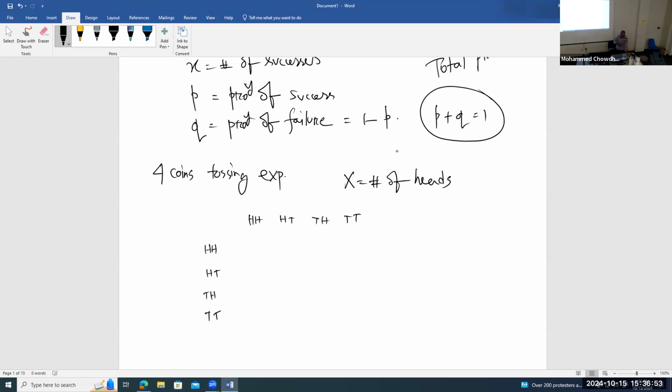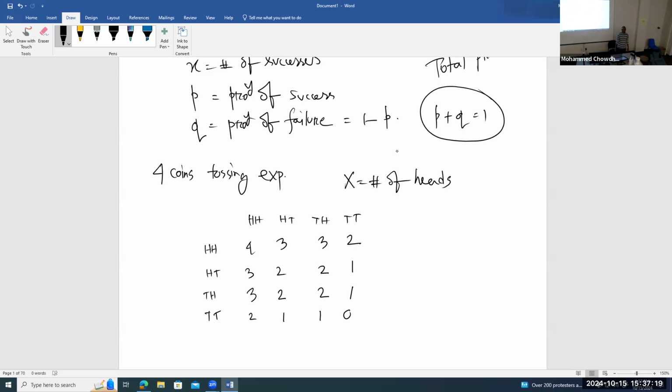X is a random variable. Then there is 4 head, 3 head, 3 head, 2 head, 3 head, 2 head, 2 head, 1 head, 3 head, 2 head, 2 head, 1 head, and then 2 head, 1 head, 1 head, 0 head. You remember that, right?